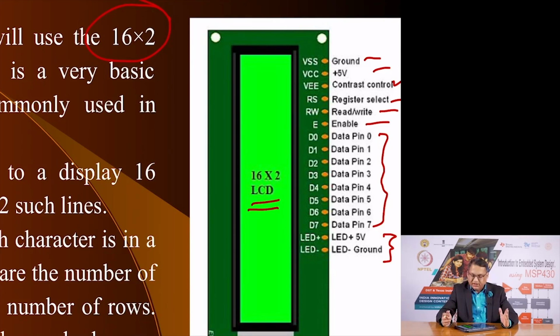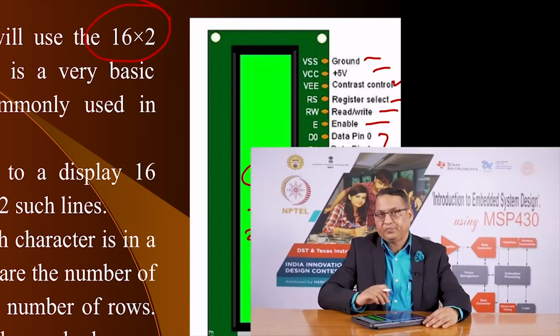Using a 16 pin interface, any microcontroller such as the MSP430 or any other microcontroller can display information in a uniform fashion. And it does not matter that you have a 16x2 LCD, you can also have a 20x4 LCD. Even then the interface to the LCD will remain the same. That is the beauty of this Hitachi HD44780 LCD controller.